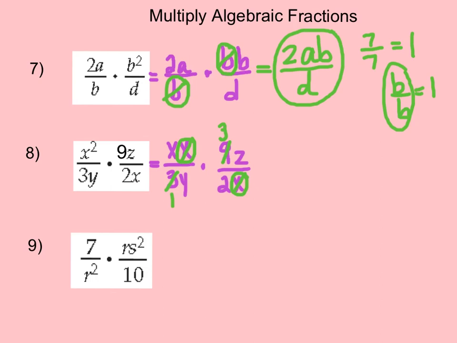And we do not have anything else in common, so we're going to multiply our numerators. We have an x, a 3, and a z. Remember, your numerical coefficient goes first, so the 3 is always going to go first. 3xz over, we have 1y times 2, so that would be 2y. And we're actually just going to leave it just like that.